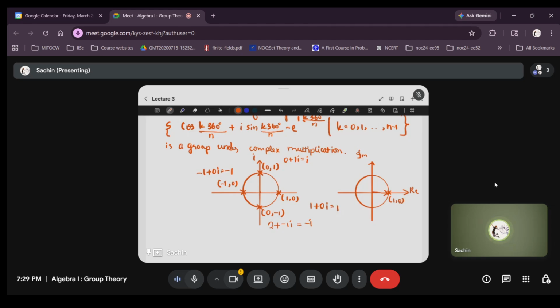So if I want to find the sixth roots of unity, you have to rotate that ray by 360 by 6. So that is 60 degrees. So that will be somewhere here. And this point will also be a sixth root of 1. Then again rotate it by another 60 degrees.